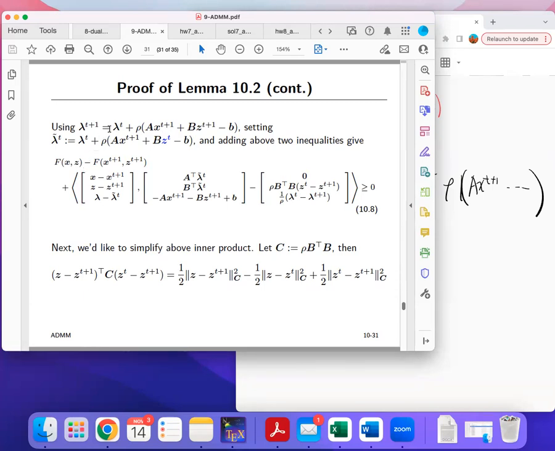Well, here we utilize two things. First of all, we utilize the definition of lambda_{t+1}. This is a dual update in the ADMM algorithm. Okay, this is by the algorithm. And this is a definition which simply defines lambda tilde_t to be such a term, just by definition.